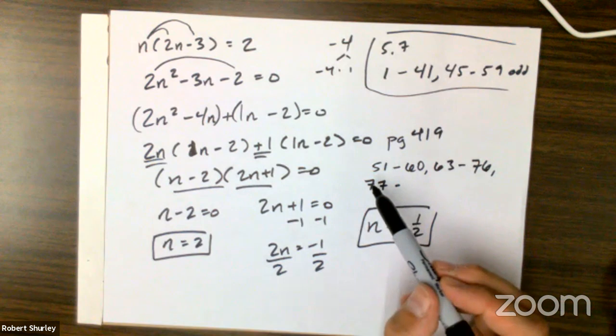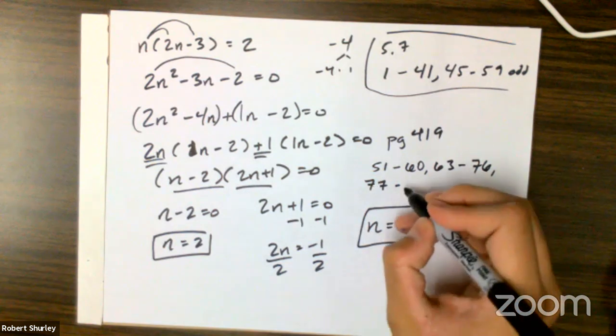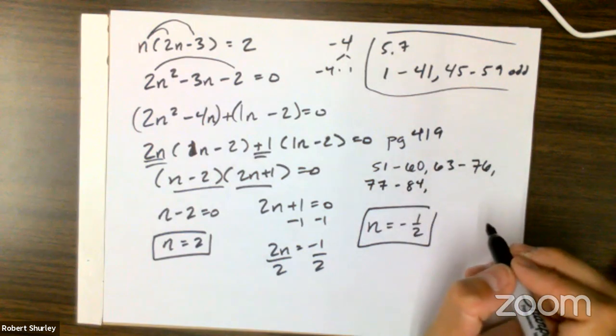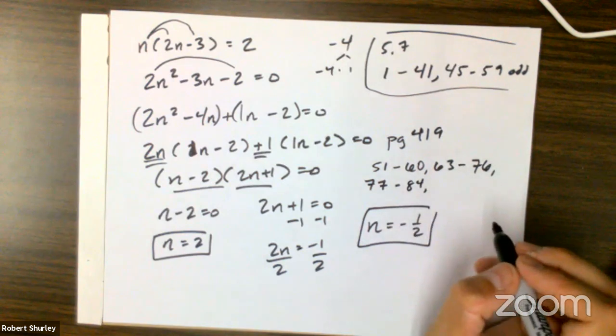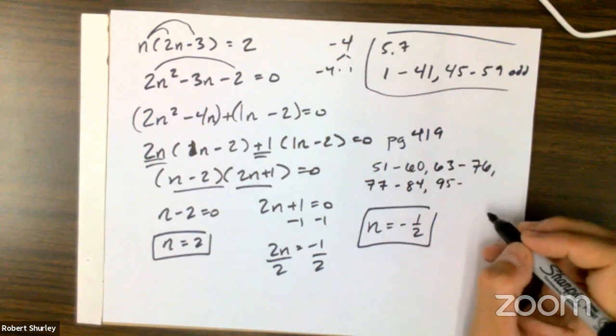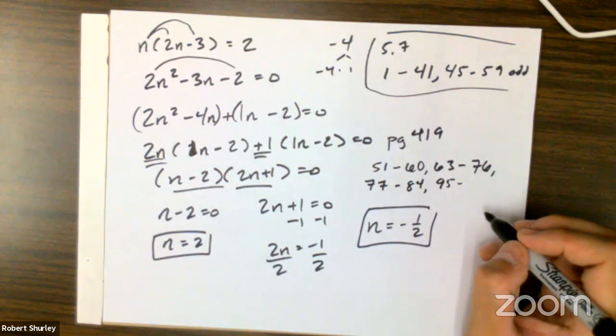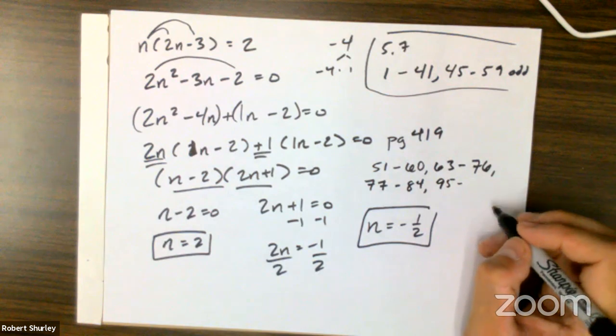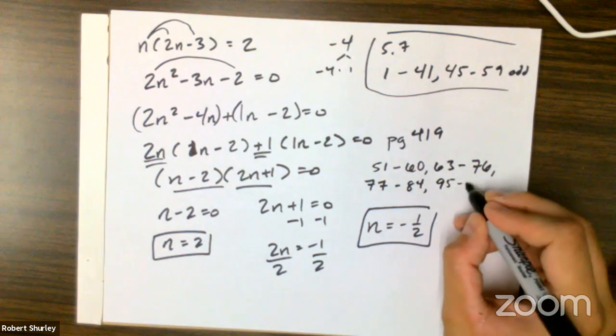For 5.6, I would just do 77 through 84. And then in 5.7, I would do 95 through 106.